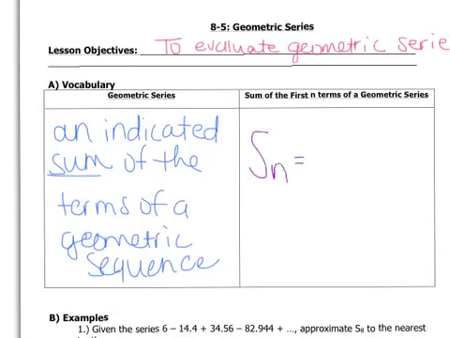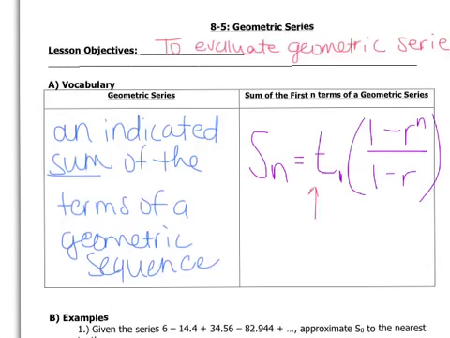S sub n equals the first term times the quantity, 1 minus r to the n, over 1 minus r. These variables mean the same thing as they've meant in other formulas.